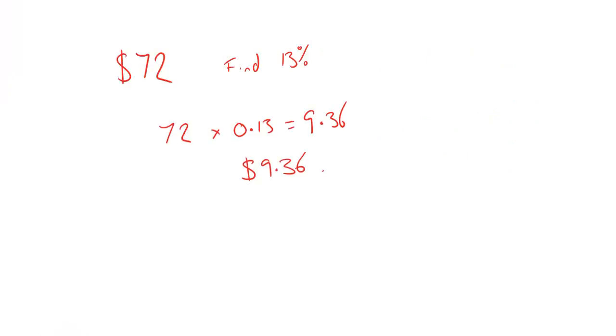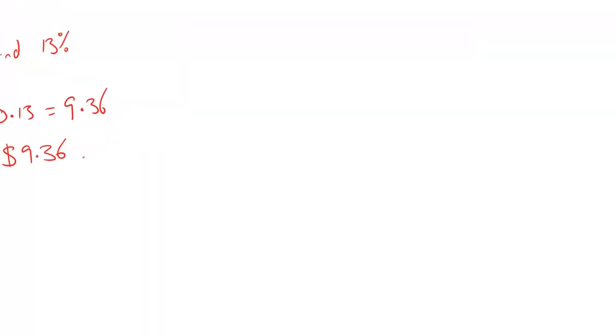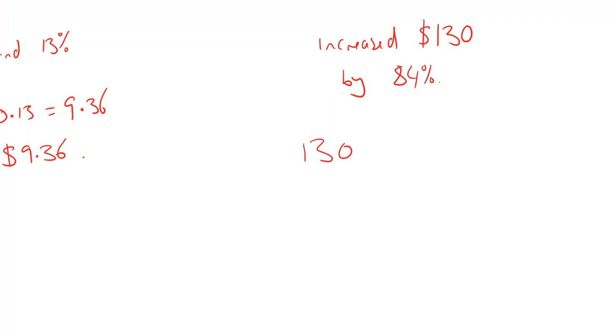Okay, what about then if I increased $130 by 84%? So I'm going to start off with my $130. Now, what am I going to multiply it by? Well, it's going to be an increase of 84%.